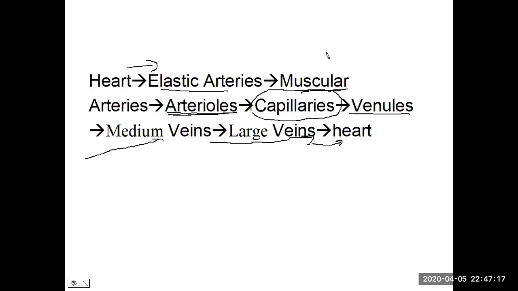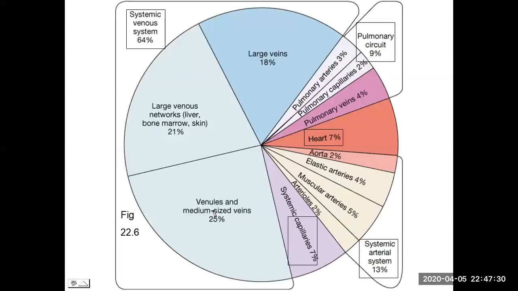So again, in total, this would be a pathway through a circuit, like a systemic circuit, for example. The system of arteries, capillaries, and veins. And we'll finish now with this diagram here.